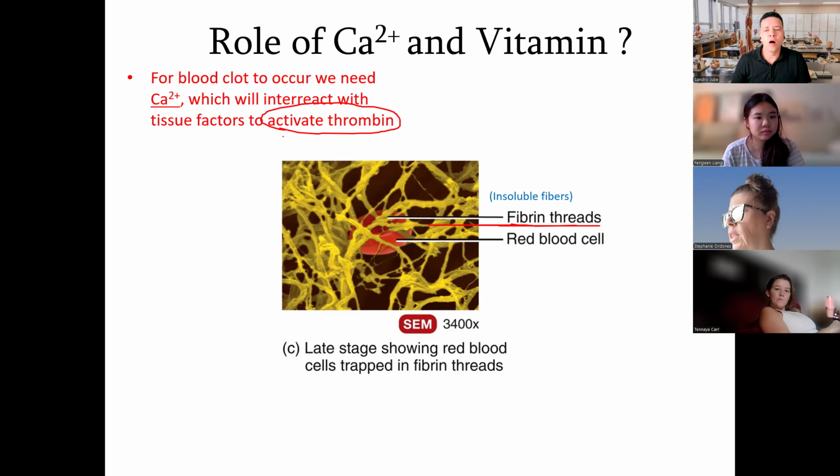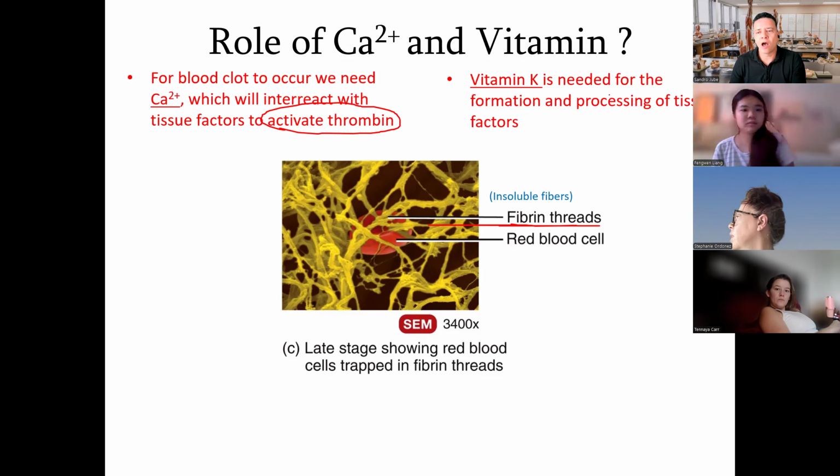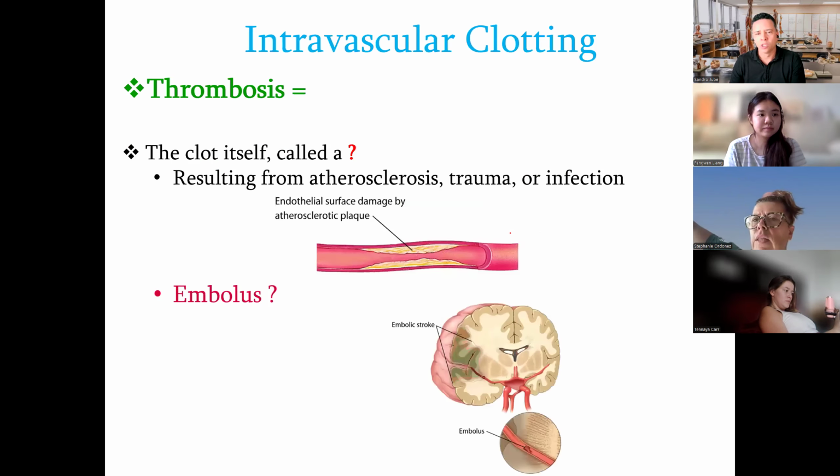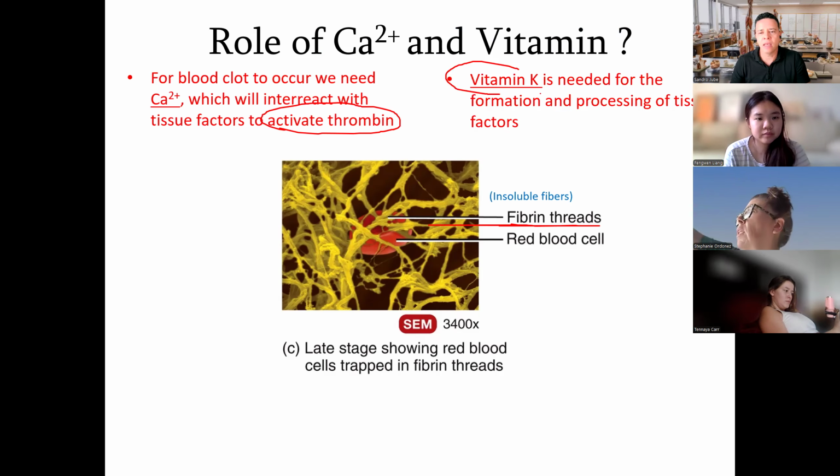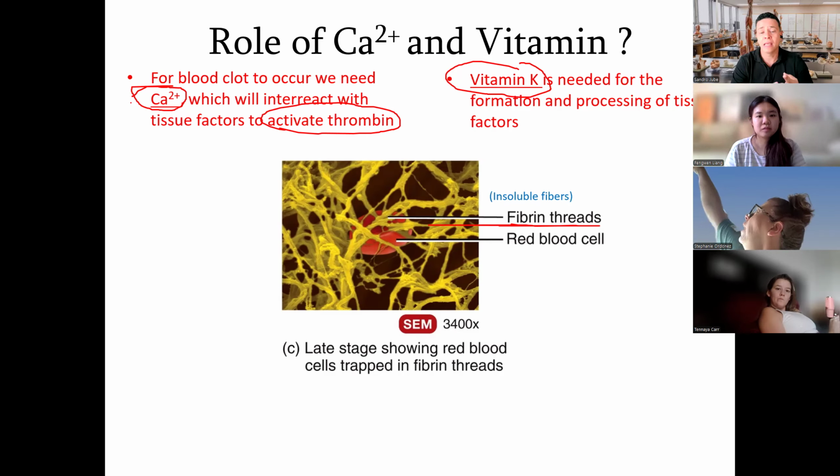Then, thrombin, with the help of vitamin K, is going to lead to the transformation of fibrinogen into fibrin. Okay? So we need both vitamin K and calcium in order to be able to clot our blood. So if you are deficient in calcium or in vitamin K, you will bleed more because blood clotting is going to be compromised.